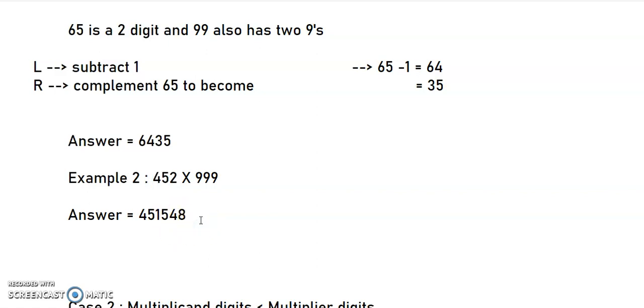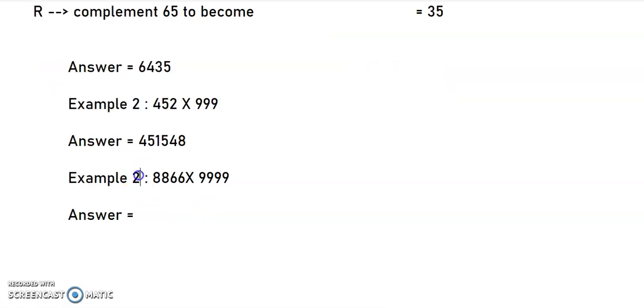Quickly we will see another example for better understanding. Here I am taking another example, 8866 multiplied by 4 nines. First I subtract 1 from 8866, that is 8865. I am finding the complement of 8866.